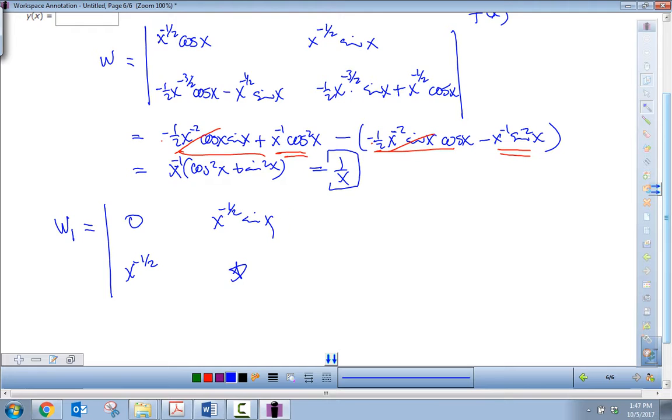And then we have this other big mess over here, but when we find the determinant, it's going to be 0. So let's not worry about that. So it's just 0 minus x to the negative 1/2, x to the negative 1/2 sine x. So this is negative sine x over x.